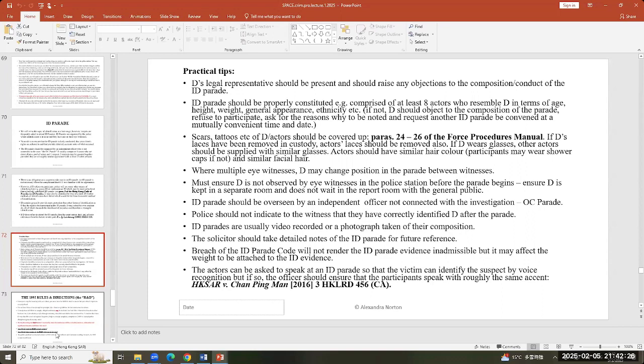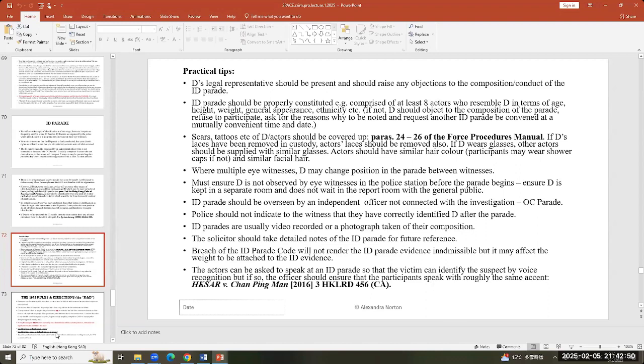You can refuse for the ID parade to take place. It's a voluntary participation. It's not mandatory. So in that situation, you would say to the OC parade officer, this ID parade is not properly constituted. These are the breaches. You need to fix these. We're not taking part in this ID parade today.